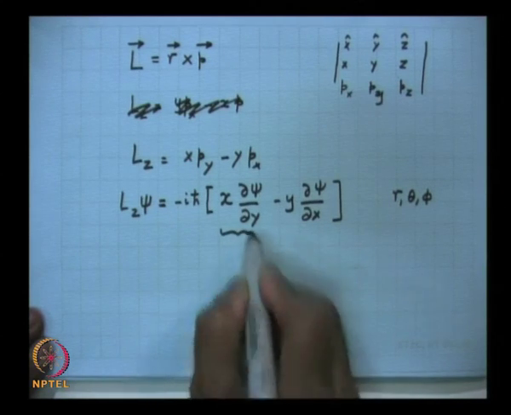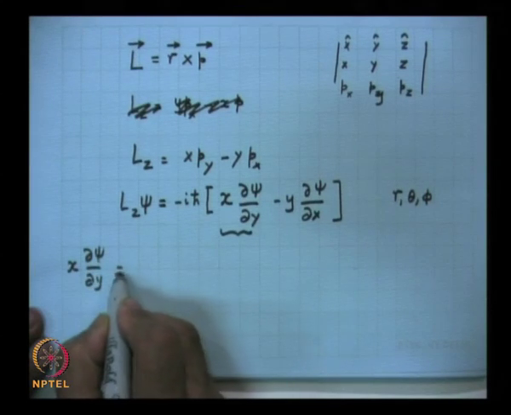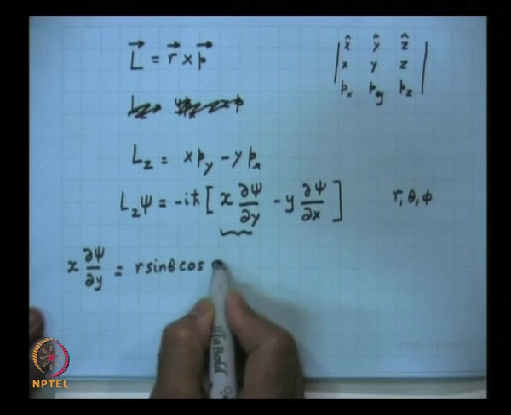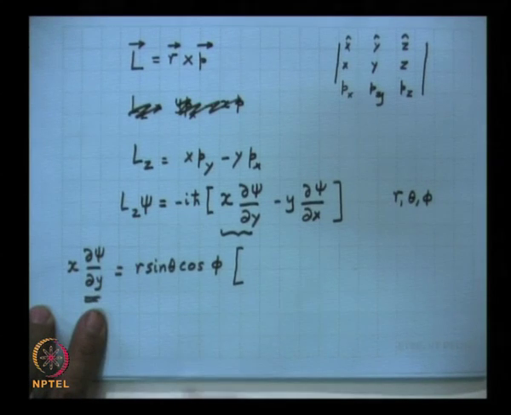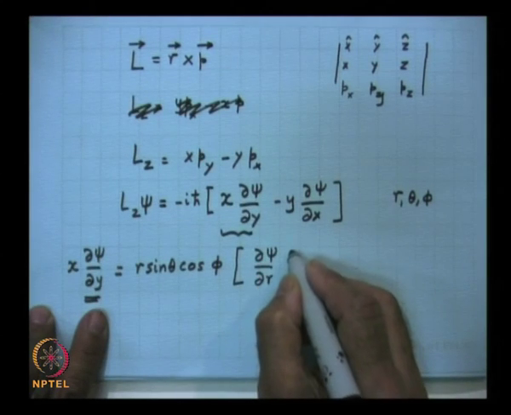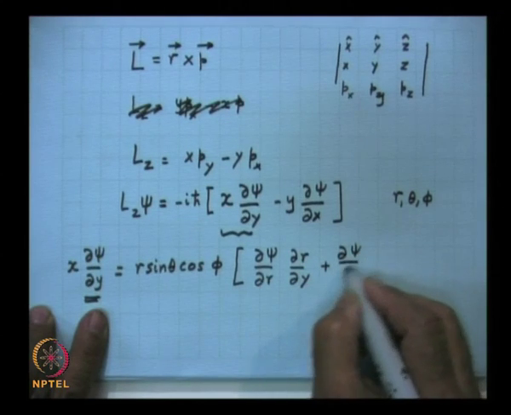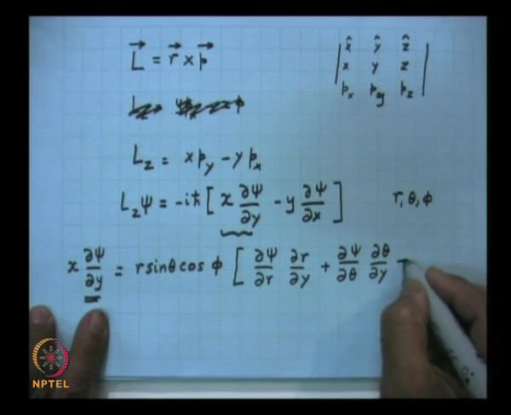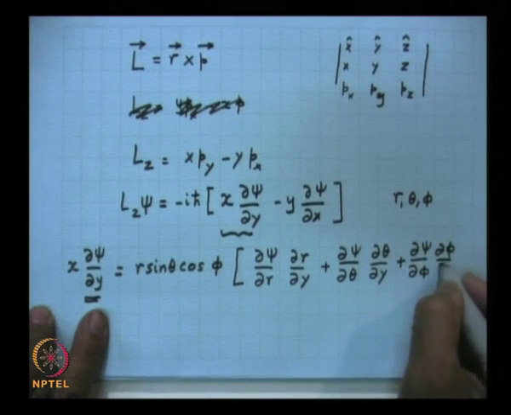So, the first term, x delta psi by delta y, will be equal to r sin theta cos phi multiplied by delta psi by delta r times delta r by delta y, plus delta psi by delta theta into delta theta by delta y, plus delta psi by delta phi into delta phi by delta y.